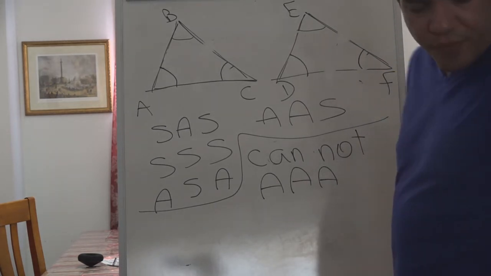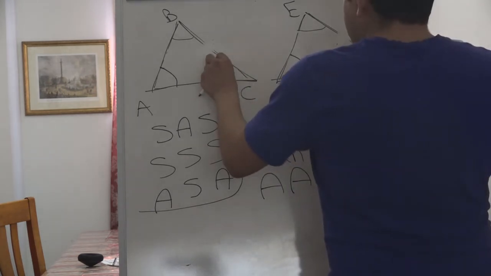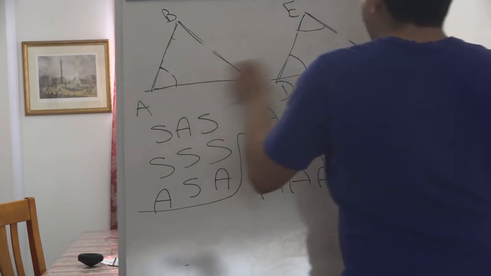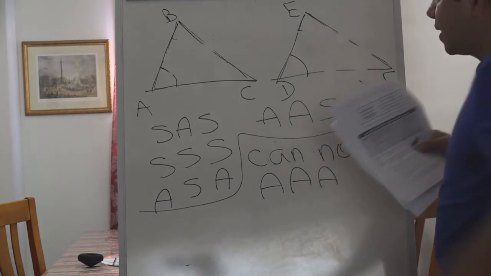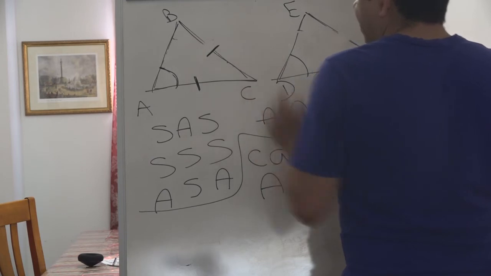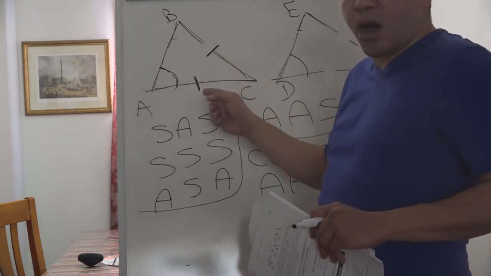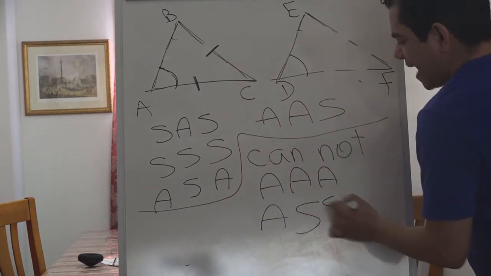Another thing that you cannot prove triangles congruent with is the following. Let's say you have one angle right there, and then you have a side, and then you have another side. Remember, this is not side, angle, side. No, this is angle, side, side.